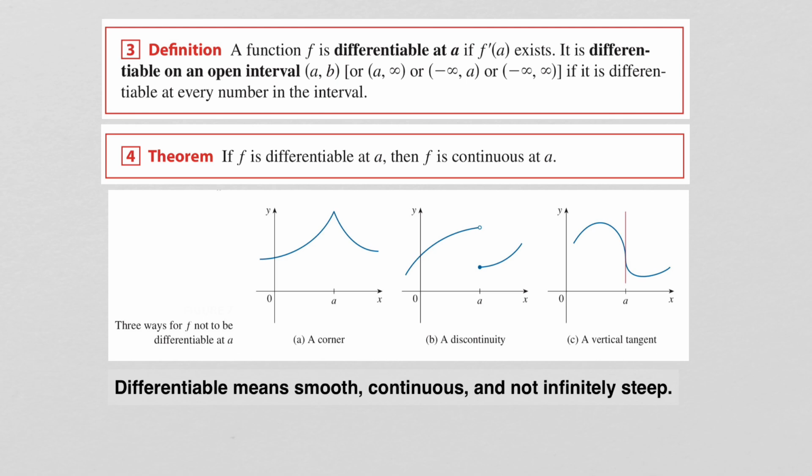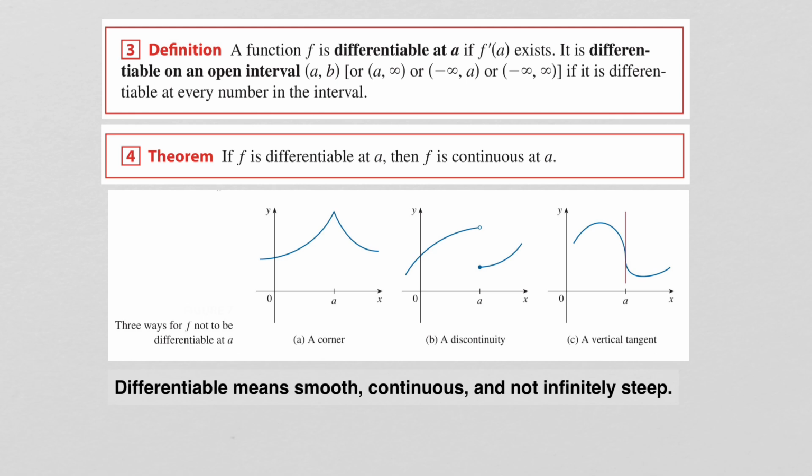And so when we say that a function is differentiable at a, it means the derivative exists at that number a. Then we have a theorem that says if f is differentiable at a number a, then f is continuous at a.